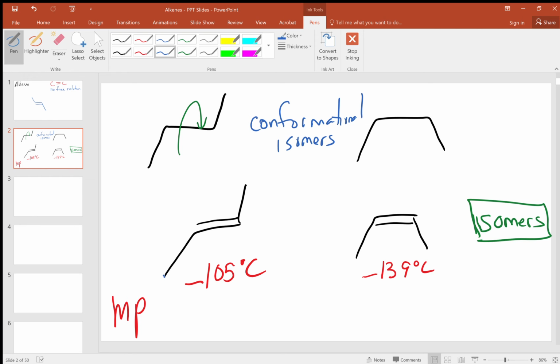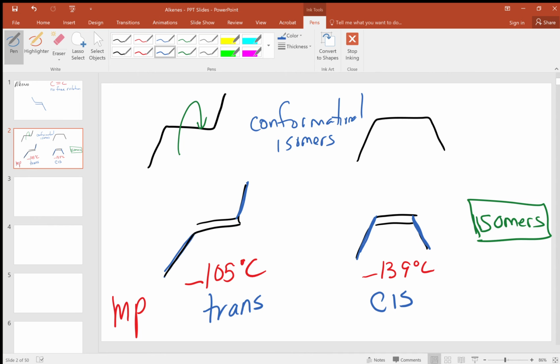So here, where the two groups coming off the alkene are on opposite sides, this alkene can be referred to as trans. Over here, where the two groups are on the same side of the alkene, pointing in the same direction, we call this cis.